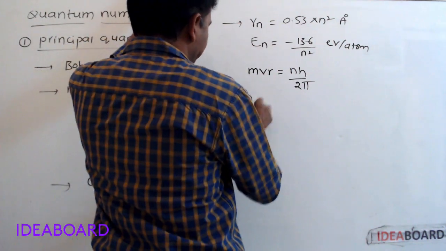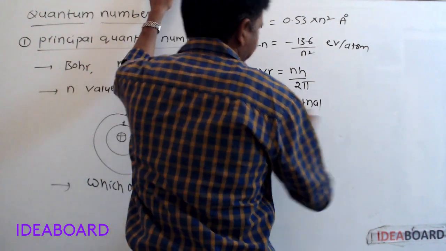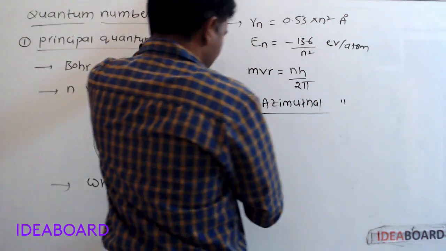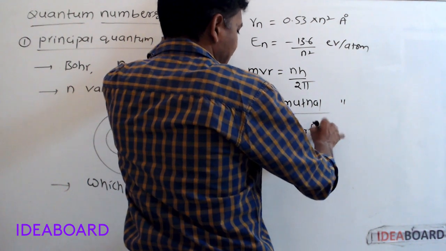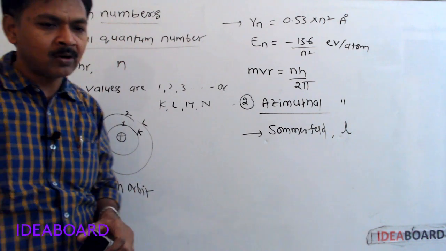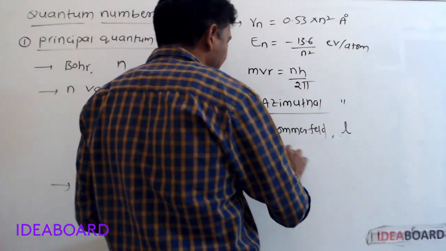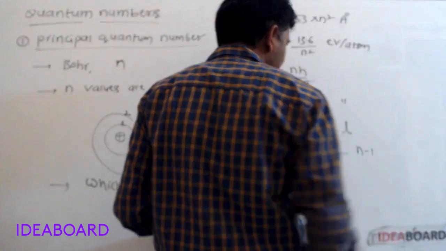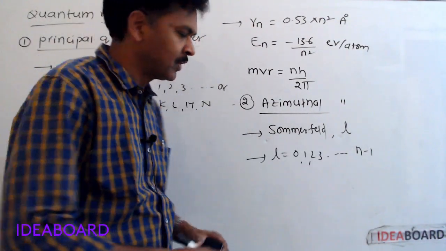Next, the second one is the azimuthal quantum number. It was proposed by Sommerfeld and denoted by l. The l values are 0, 1, 2, 3 up to n minus 1.